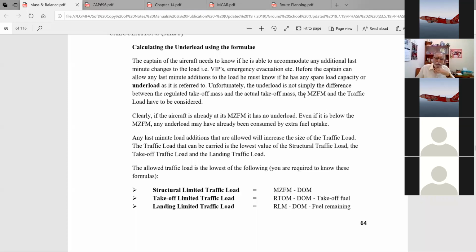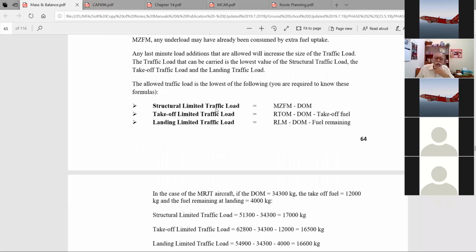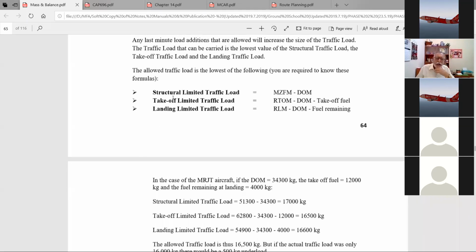The maximum zero fuel mass and the traffic load have to be considered. Therefore, there is a formula, and you have to know what is called the allowable traffic load. Underline this: the allowable traffic load is the lowest of the following. You are required to know these formulas. So this formula must be known.